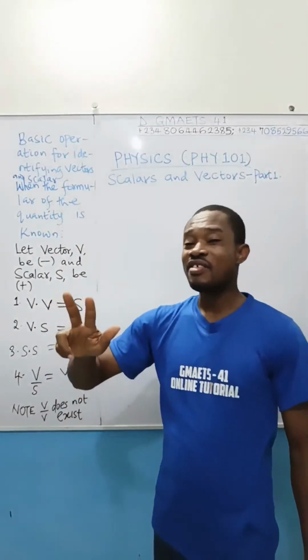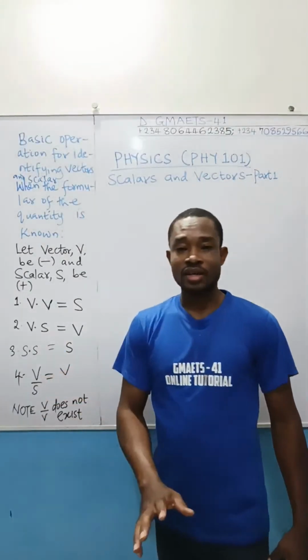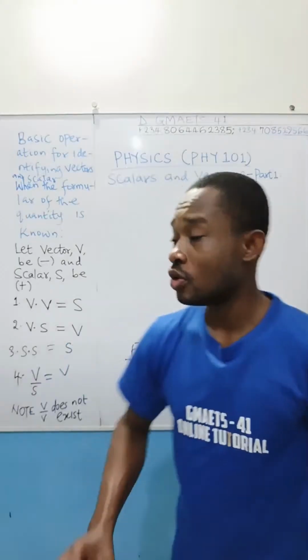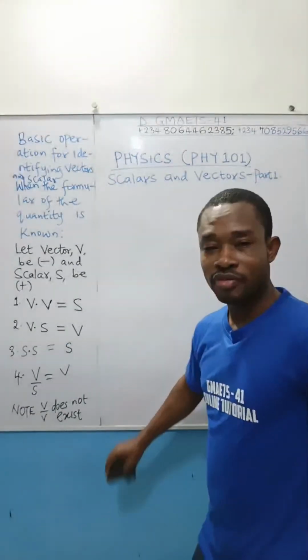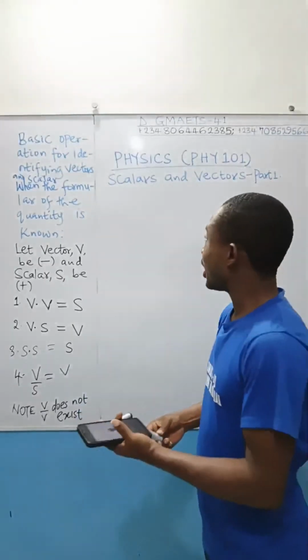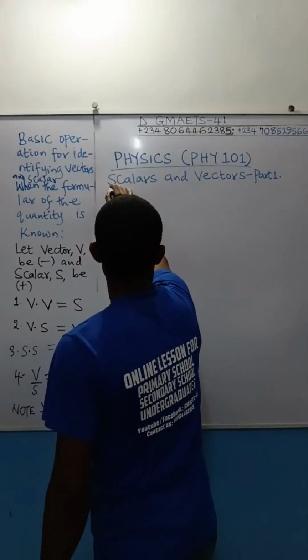But you cannot divide a vector by a vector. You can only divide a vector by a scalar. So take note of this principle. Let us move on and look at the dimensions of vectors.